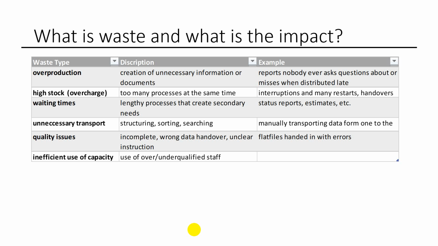High stocks, that means you have too many processes at the same time and get interrupted all the time. We have waiting times when processes are not synchronized well, and people do not have the transparency in shared processes about what the other participants are doing. You have unnecessary transports. That means you're doing things that are not value adding. You're hacking in data manually from one system to the next, or the like.